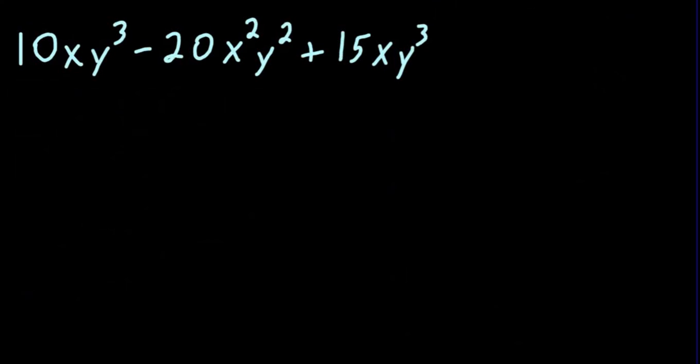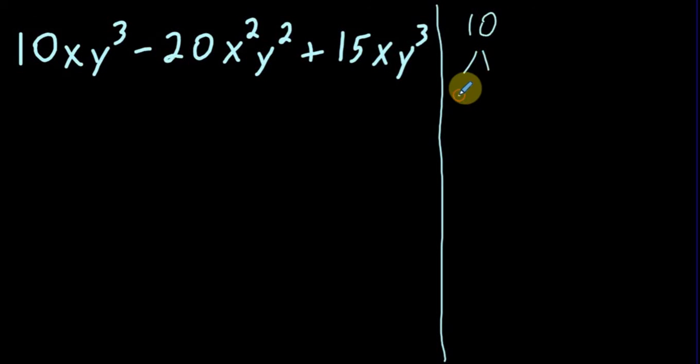All right. And one more here. So here we go. We're going to split up the 10. Only one way that can be done: 2 and 5. 20. Notice I don't worry about the sign in front of the 20 when I do my factoring of the number. 20, we'll do 2 times 10 this time.